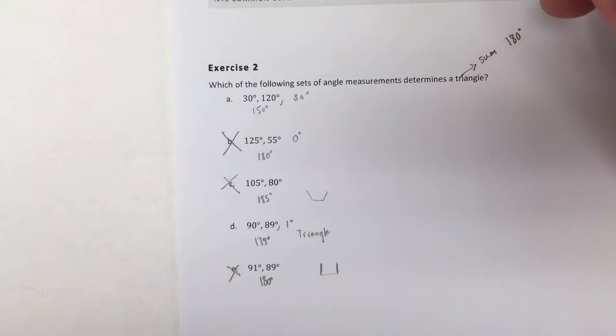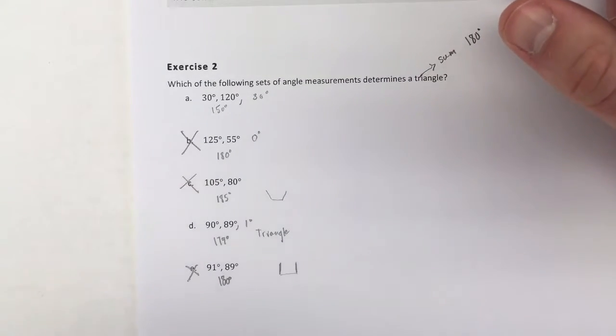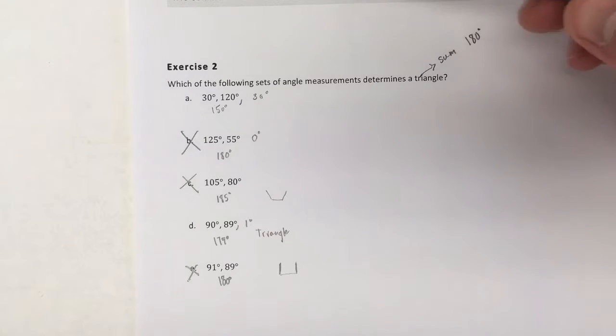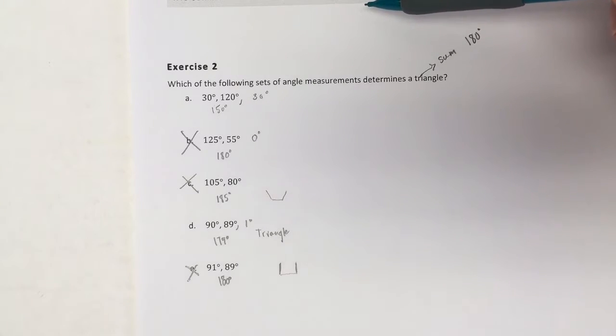Okay, so some important results. The triangle sum theorem is really beneficial in analyzing triangles. You must know that all three angles must sum to 180 degrees, and all three angles must be greater than 0. That's an important part of it.